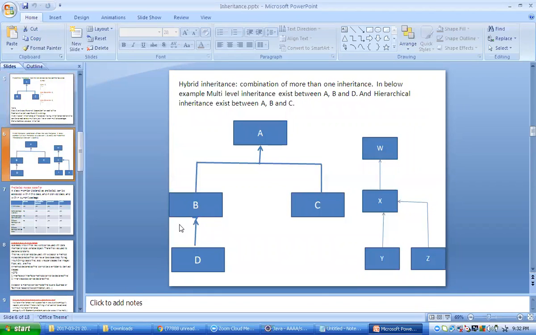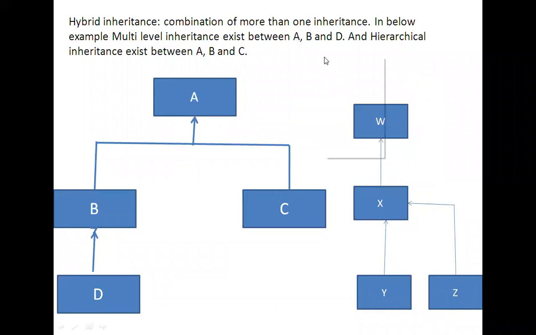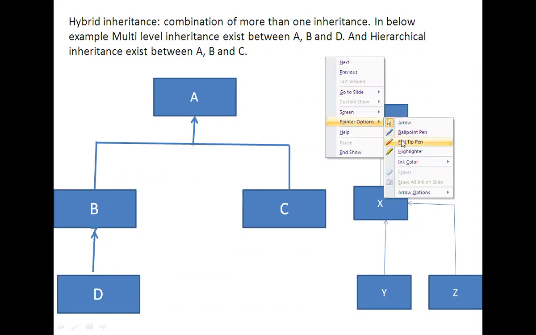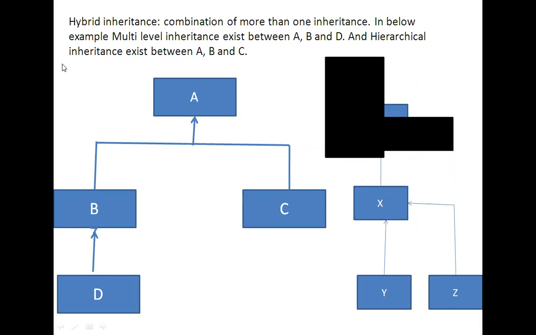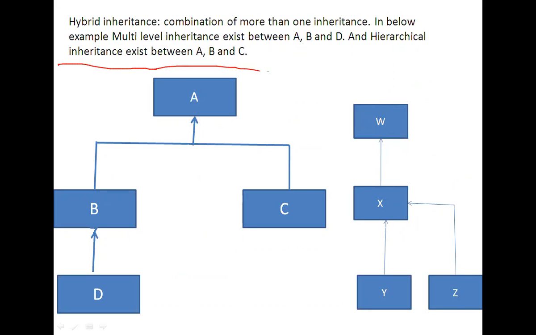See, if you see A, B, C, D here, between A, B, C, what type of inheritance do we have? Hierarchical. Excellent.